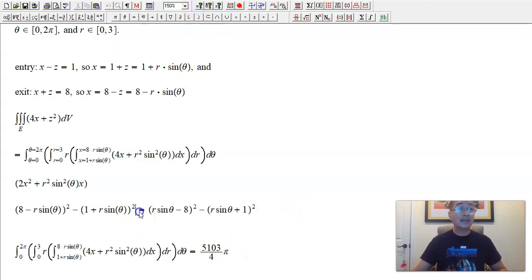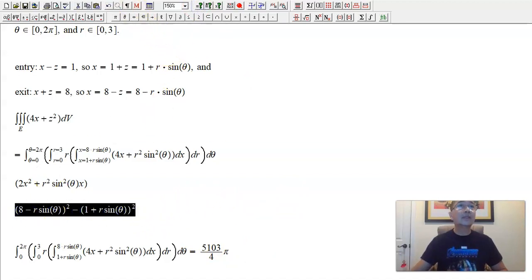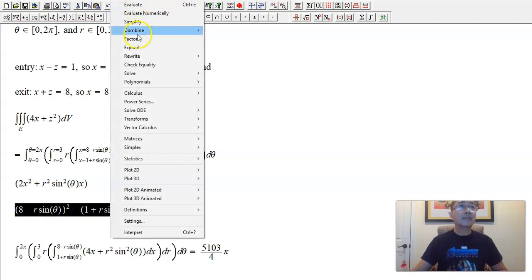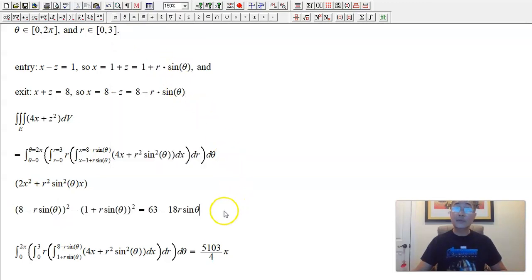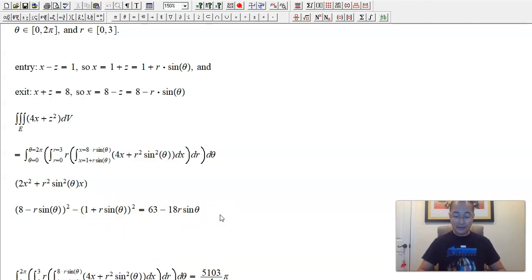So what is the answer? Compute and expand. Very interesting. Check it out. There are no squares because when you do the trick, it disappears.